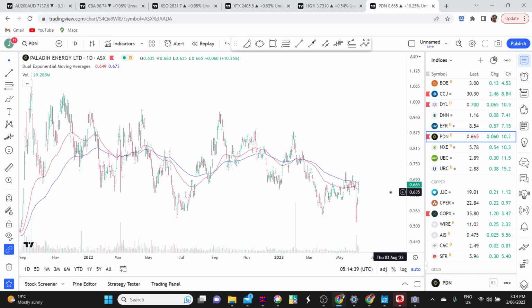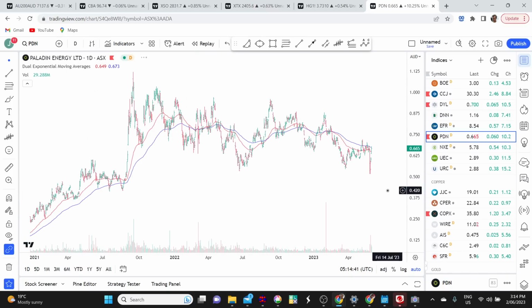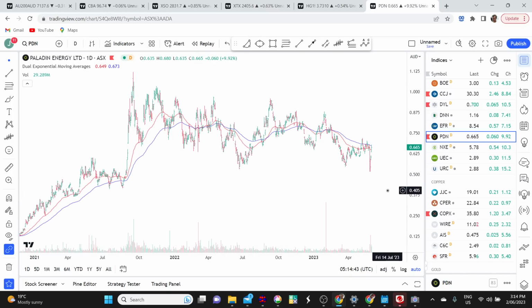So country risk is always an issue with natural resource stocks. There was a South American company talking about nationalising its lithium projects not long ago. So it's always a risk. So something like Cameco removes a lot of that country risk because it's largely based in Canada.